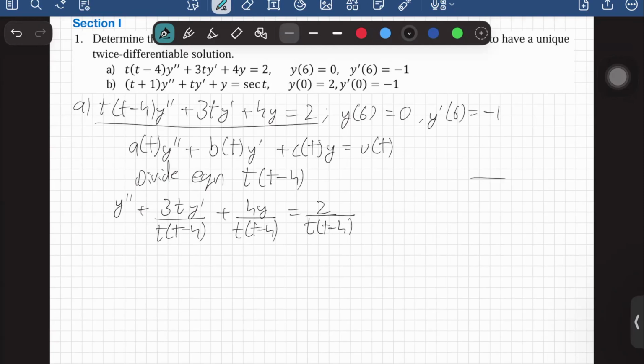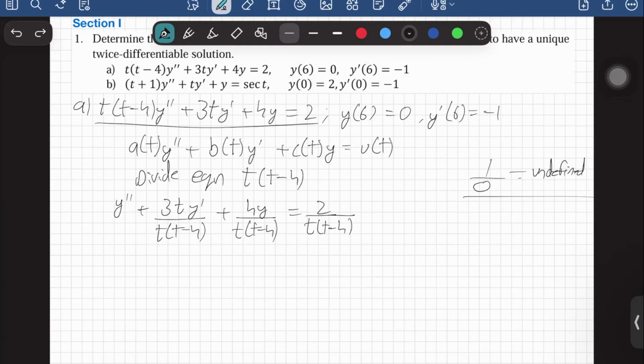Any number divided by 0, like 1 divided by 0, is undefined. We cannot have this. So in order to avoid this, we have to know what points will cause this. We do not want the denominator to be 0.